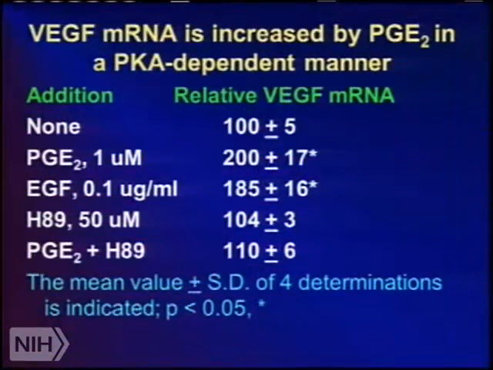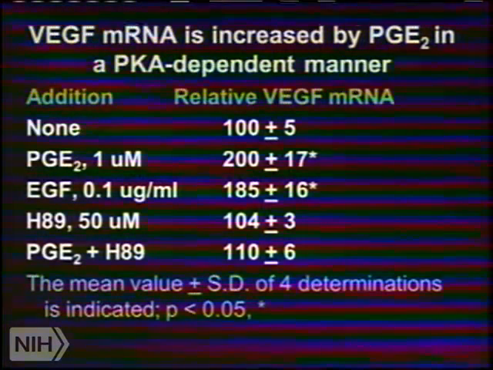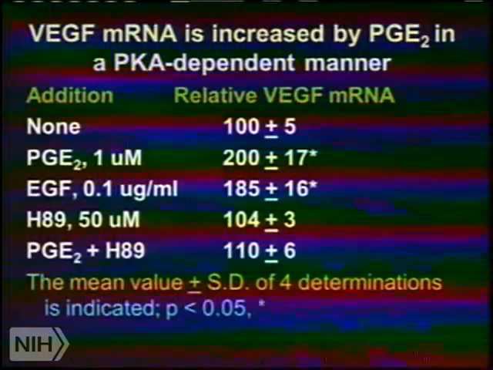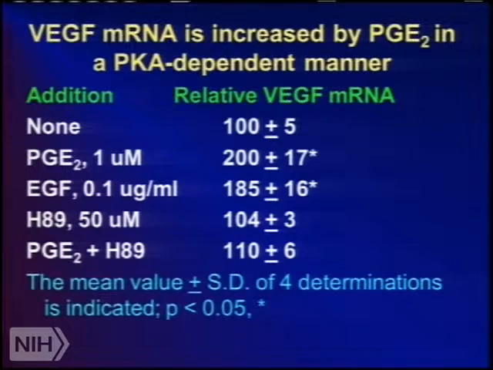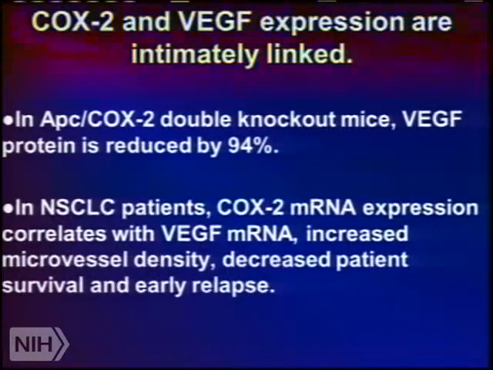So here we're looking at the VEGF mRNA, and PGE2 increases the VEGF mRNA, but so does EGF, which binds to the EGF receptor. And the PGE2, when it elevates cyclic AMP, will activate protein kinase A, and H89 is an inhibitor of the protein kinase A. So we mentioned before the protein kinase G is important for nitric oxide. For cyclic AMP, it's the protein kinase A that causes the tyrosine phosphorylation and the growth.